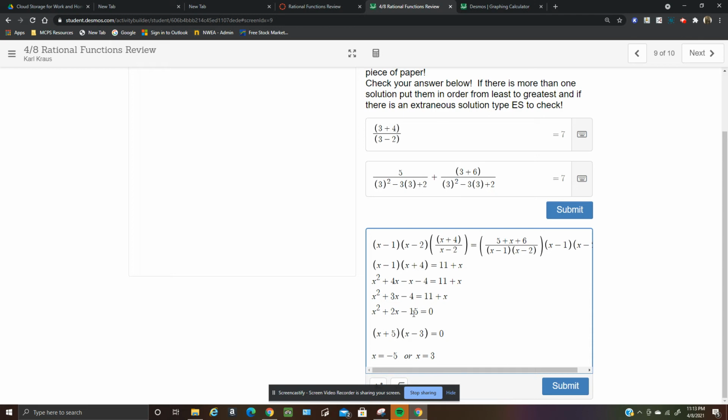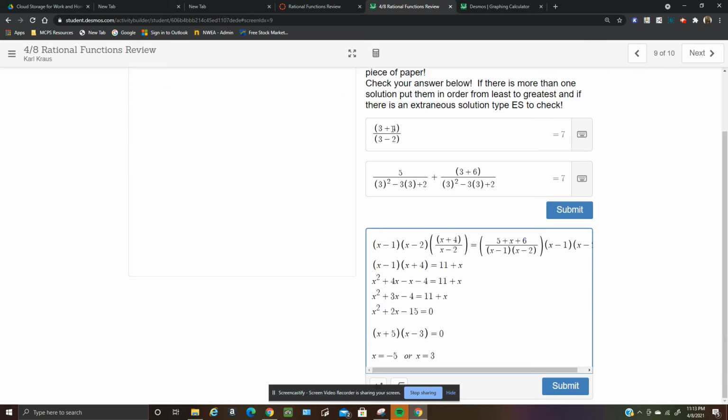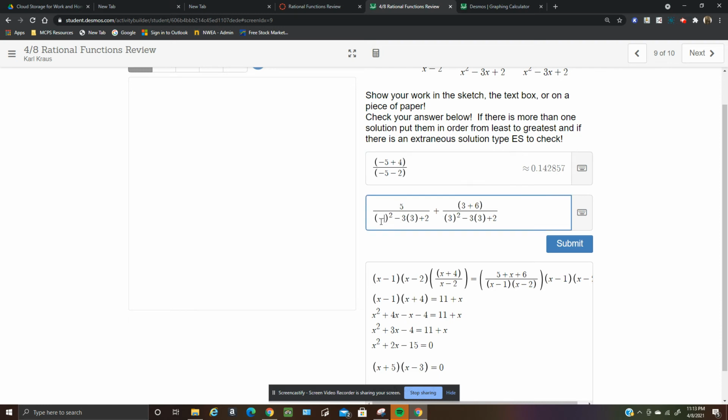Factor this. So factors of negative 15 that give me a 2 are positive 5 and negative 3. So you get x equal negative 5 and x equal 3. So here's the check for 3. The right side and the left side. If I plug in negative 5 for x, wherever there's an x now, I'm going to put a negative 5, see what happens.